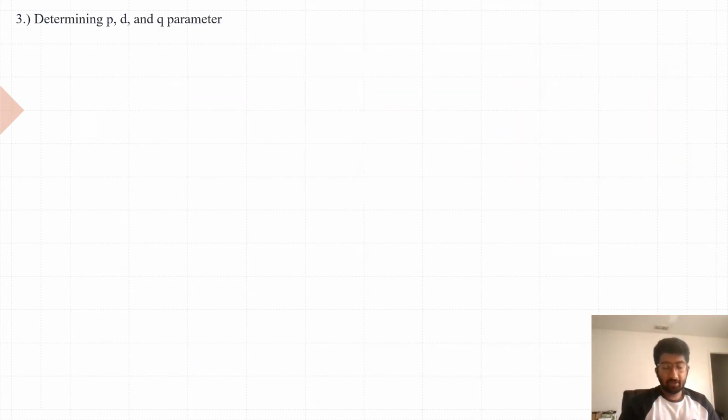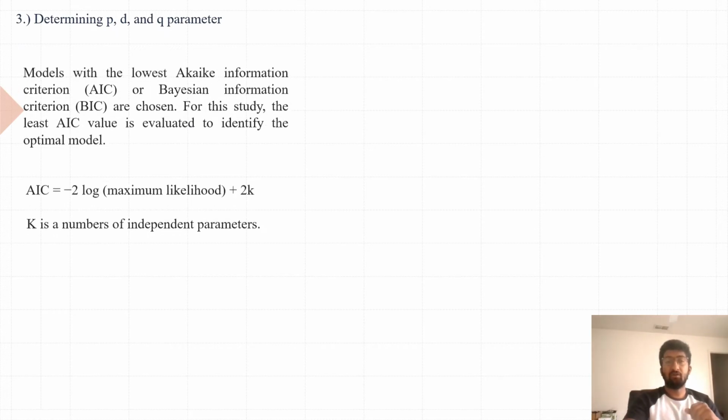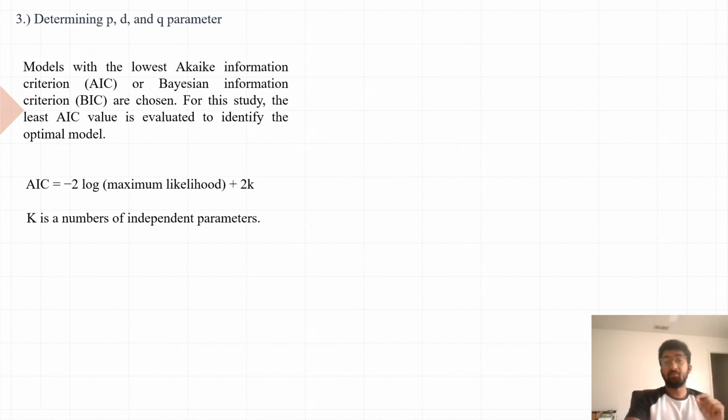After we determine if there is any stationarity or seasonality in the data, we move into determining the PDQ parameters. I already talked about P as the AR term, D as the differentiation, and Q as the MA term. We determine these parameters based on the Akaike information criterion number, or the Bayesian information criterion number.